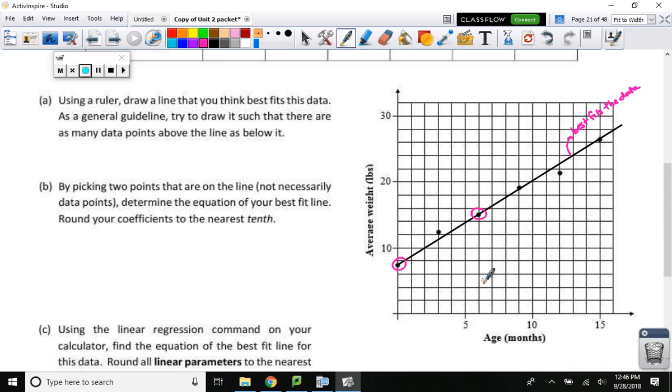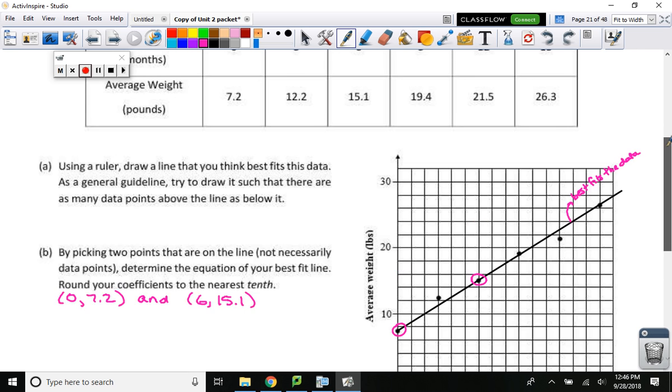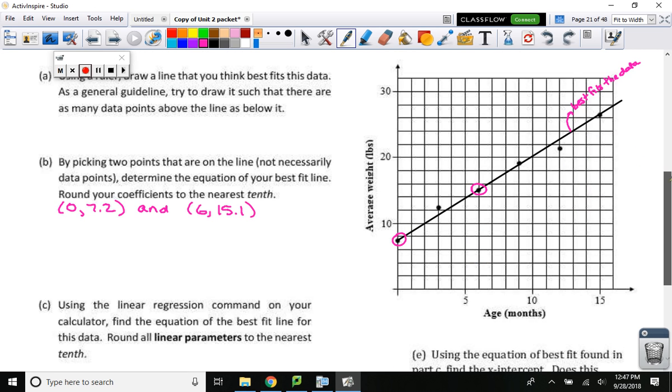And from the data up above, that would be the points (0, 7.2) from the table up above, and it looks like the one that's 6, so (6, 15.1). And that came from the data up above. But if you hit somewhere on a line, like here, I guess I could have used (2, 10) based off of my line. That would have also been an equation. So again, we might have slightly different equations.